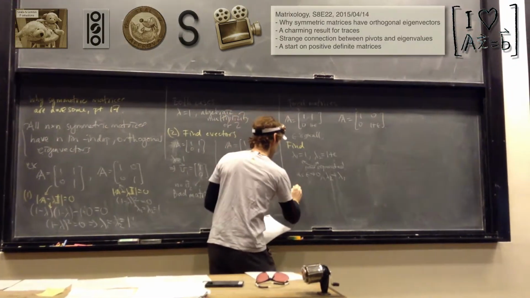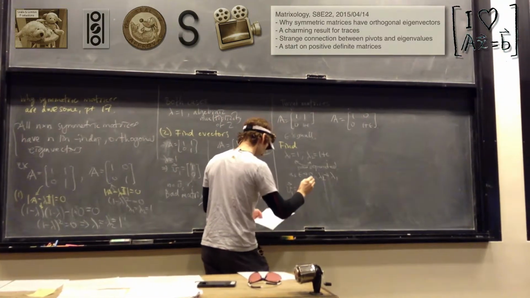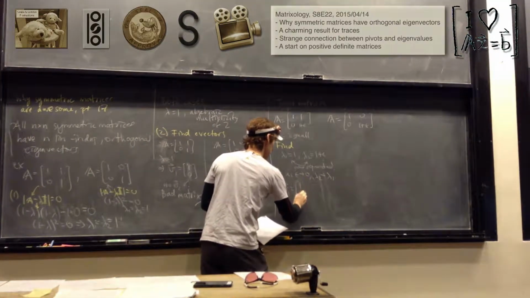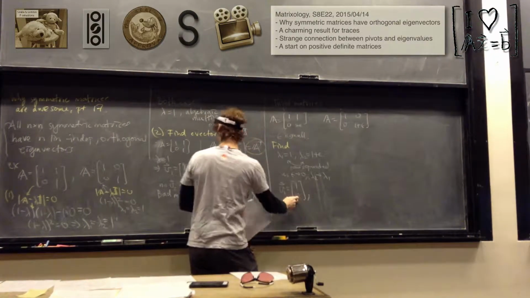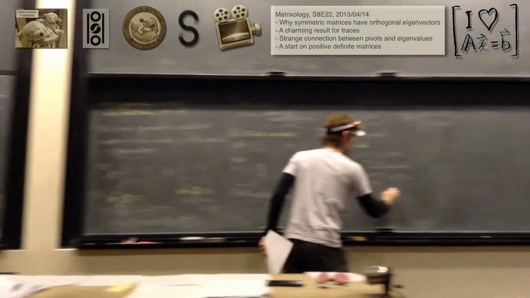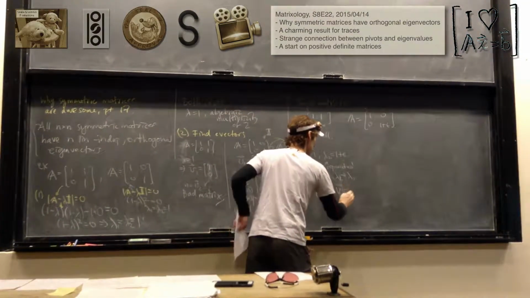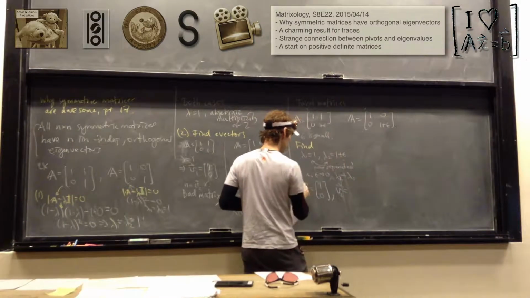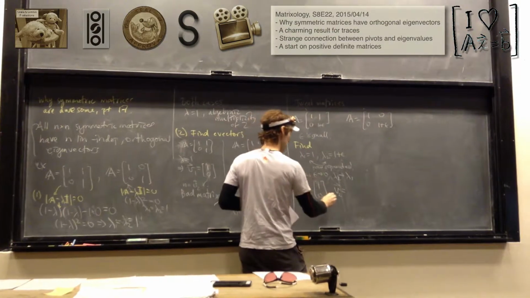Because the eigenvalues are different, they'll have different eigenvectors. You'll get [1, 0], which we had already, for lambda 1. And now there's another eigenvector that pops out, associated with lambda 2.